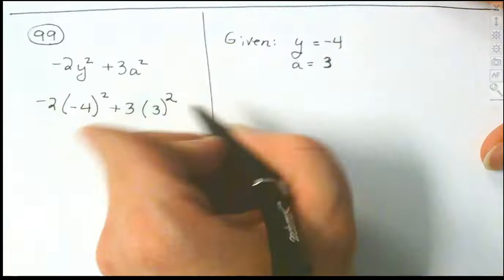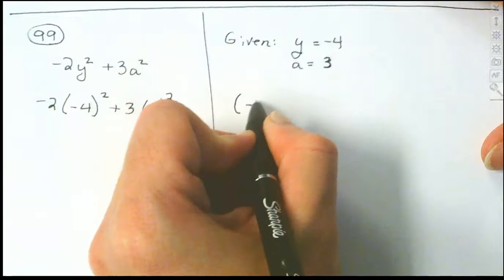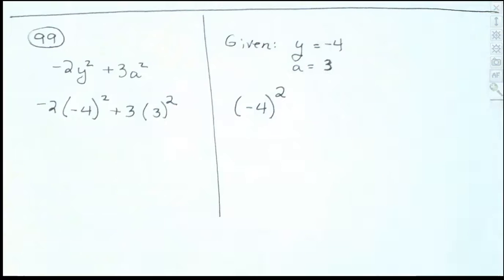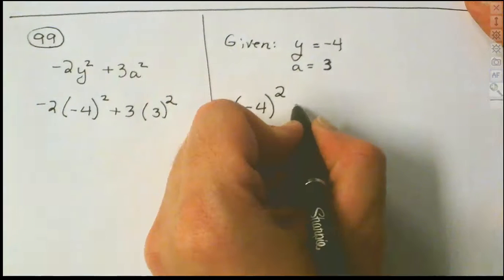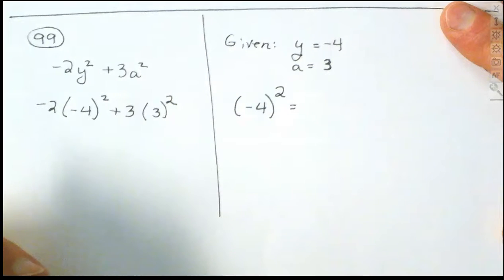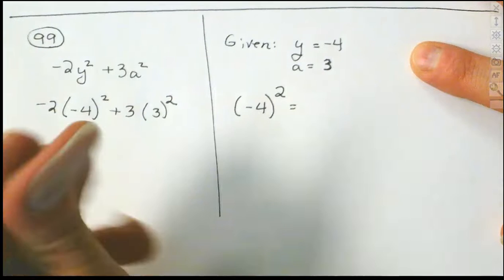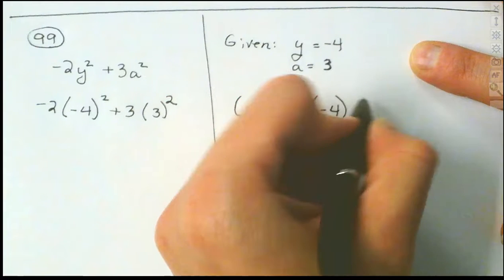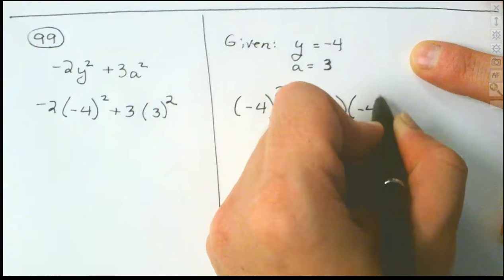So we've got first a negative 4 squared with parentheses, just like this. Now, when we have a negative 4 squared with parentheses around it, when we square something, that's just saying it's multiplying it by itself. So a negative 4 squared with the parentheses around it would be negative 4 times negative 4.